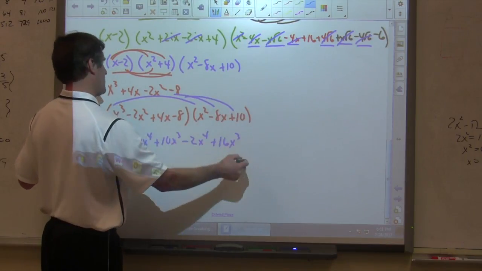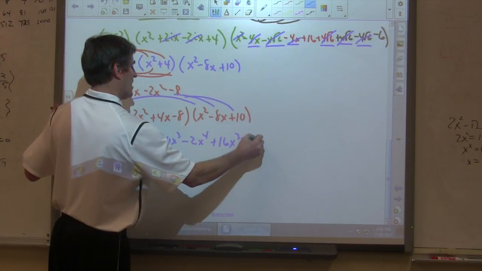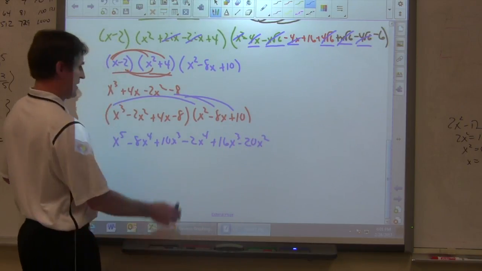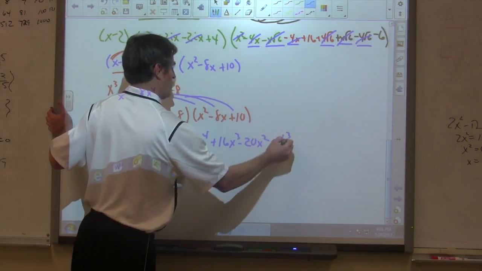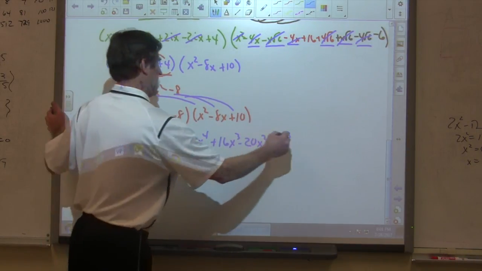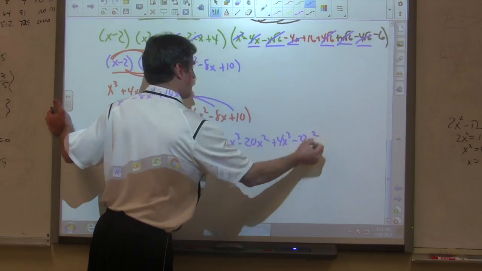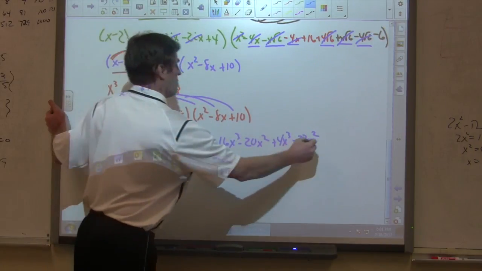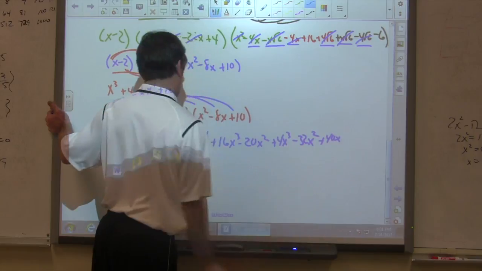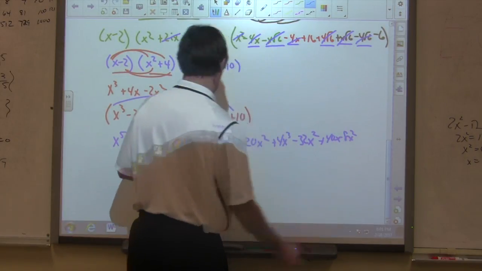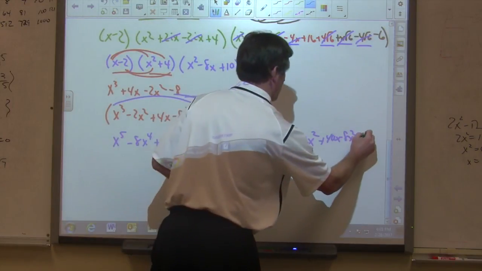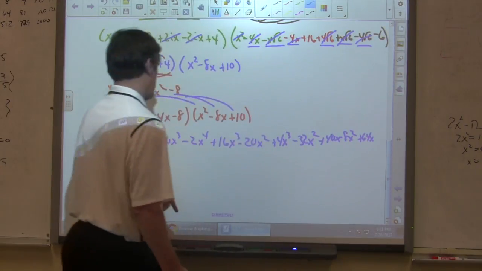And negative 2x squared times 10 is a negative 20x squared. Now the 4x times everything. So 4x cubed minus 32x squared plus 40x. And lastly, multiply negative 8 times everything. Negative 8x squared plus 64x minus 80.